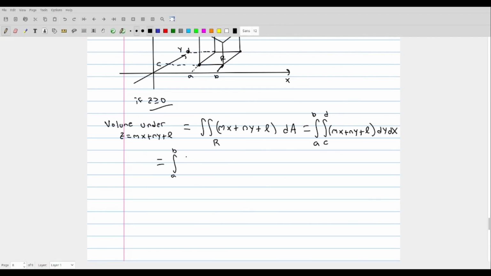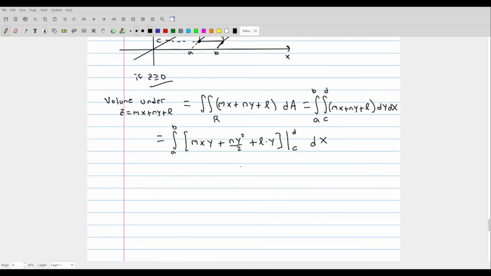It's the antiderivative of this function with respect to y, which is going to be mx times y plus ny squared over 2 plus L times y, evaluated from C to D. And then we still have to take the outer integral of this function. But let's simplify it a little bit first.